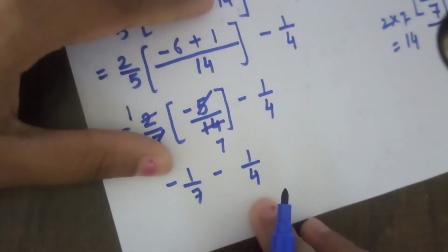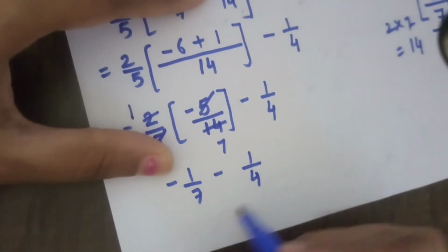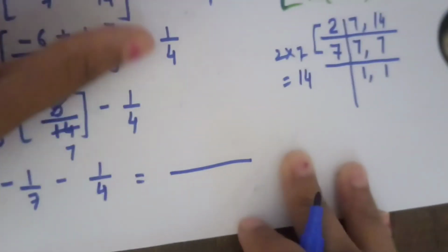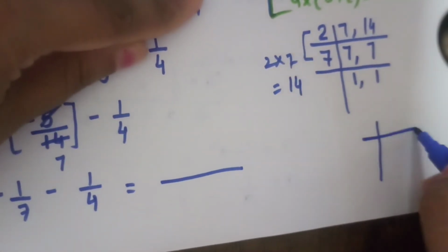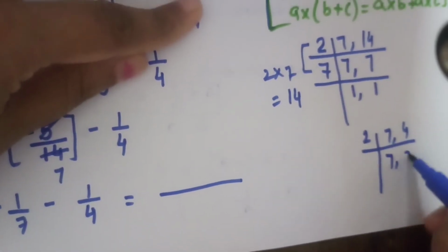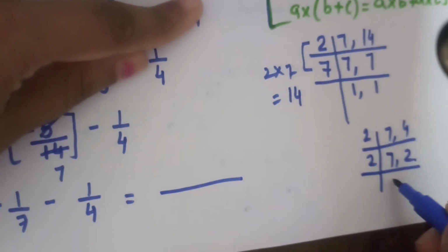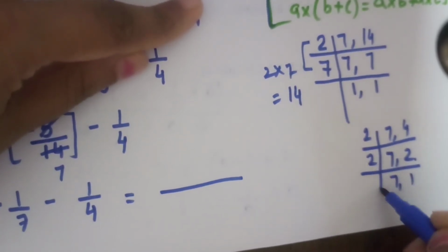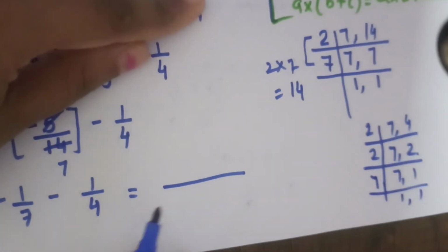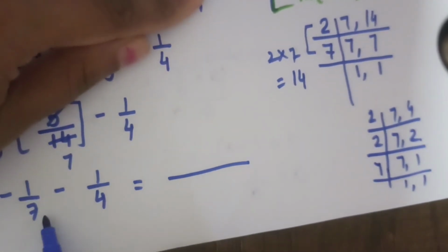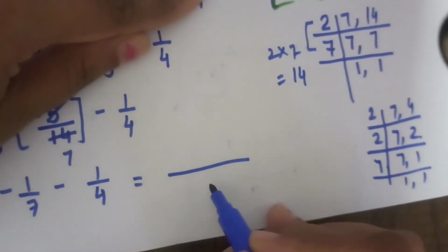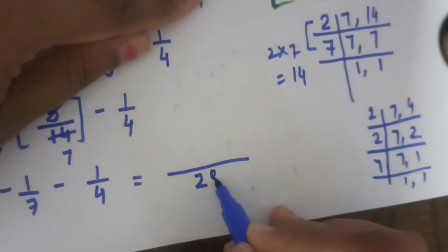Now 7 and 4 are two different numbers. Let's see the LCM of 7 and 4. Because 7 and 4 are co-prime numbers, the LCM will be the product of them, that is 7 4s are 28.